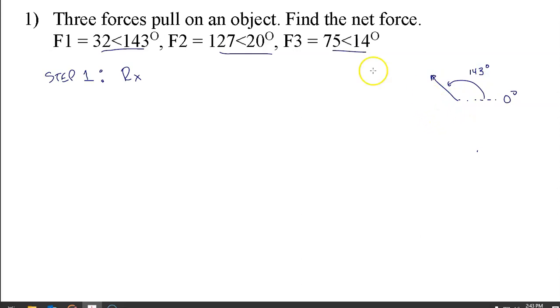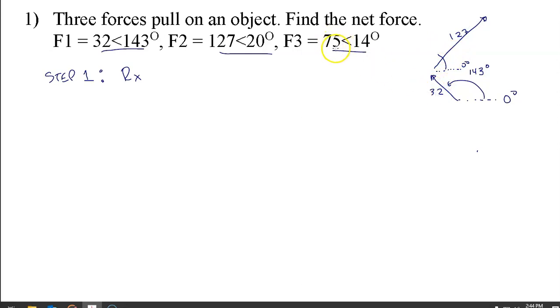Next up, I want to go 127 steps at a 20-degree angle. So once again, draw a little line pointing off to the right. That would be your 0 degree, and rotate counterclockwise. 20 degrees might be up something like that. This time we're going much farther, 127 steps, whereas this one was 32.